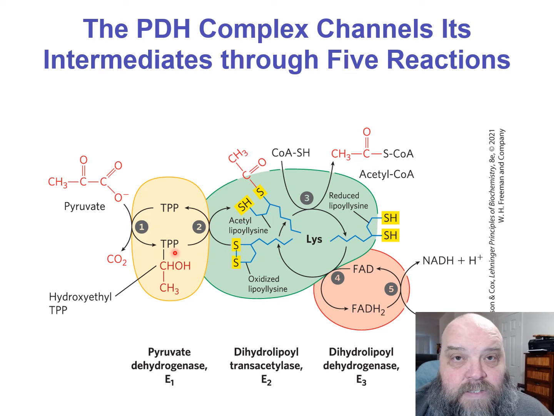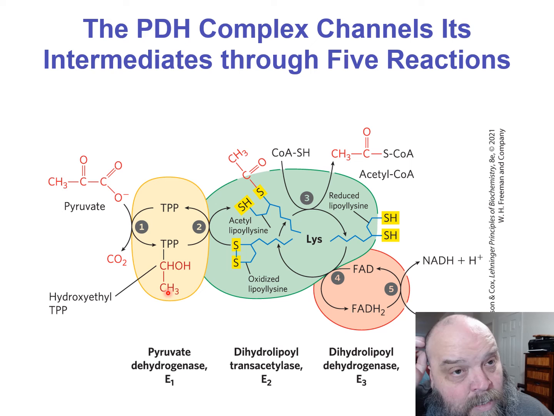Pyruvate dehydrogenase, okay. First thing it does is cleave carbon 1, right there, CO2. Reason you have to breathe out. TPP acts as a carrier for this 2-carbon thing, because remember, 2 carbons is pretty small.